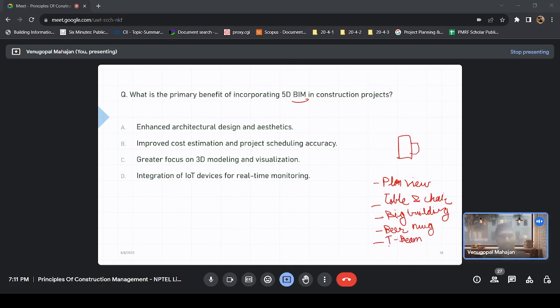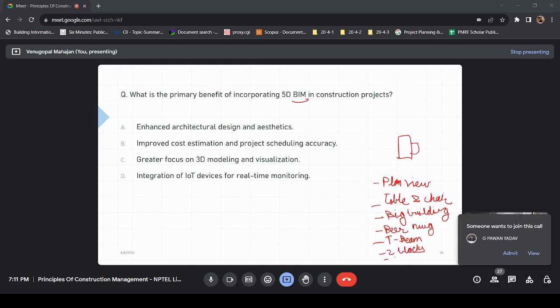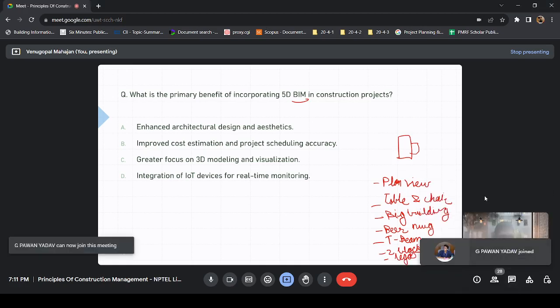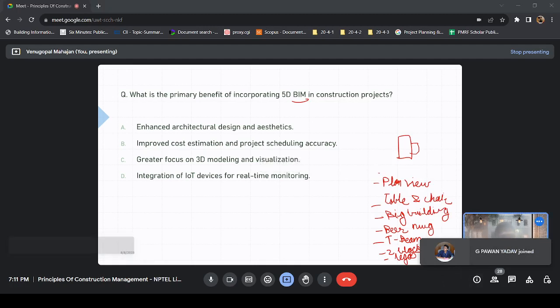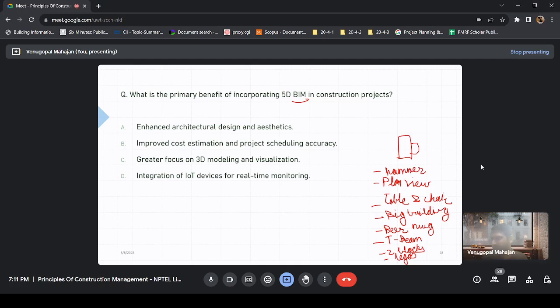Okay, any other guesses? Could it be just two blocks side by side? Legos? A hammer, a handle. What else? Making and frying.